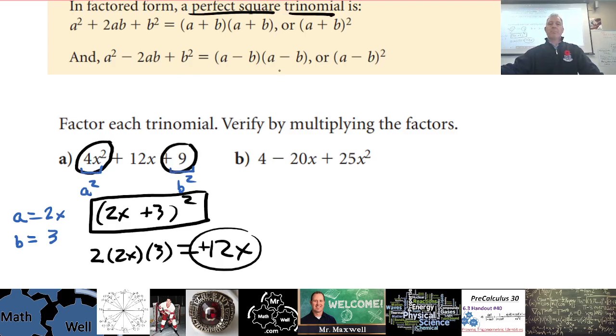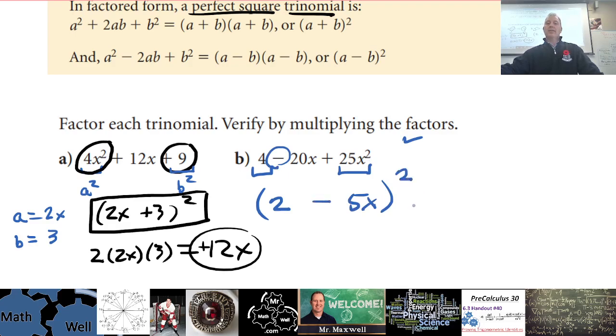Okay? All right, let's test the next one. 4 minus 20x plus 25x squared. Is this a perfect square, and is this a perfect square? Yes. Yes. What's the square root of 4? 2. What's the square root of 25x squared? 5x. Very good. Now this is a minus, so if this is going to work, we're going to have a minus here.